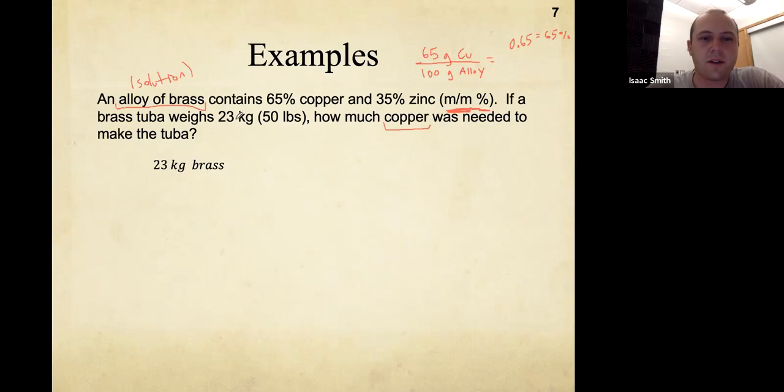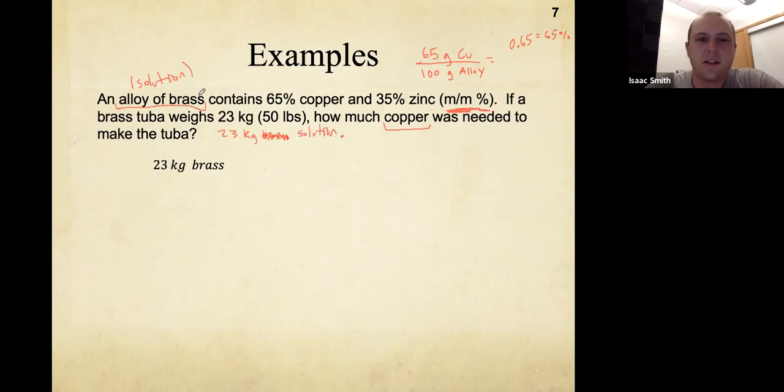If we start with 23 kilograms of brass, I'm going to write it out so I can talk through it as I go. Brass is, again, the alloy. So maybe a better way to do this is to say 23 kilograms of solution.